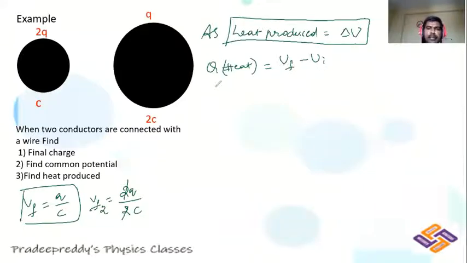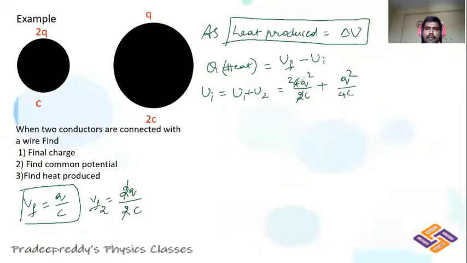Now let us find the initial energy. Ui is equal to U1 plus U2. The first one has potential energy Q square by 2C, that is 4Q square divided by 2C, where this and this get cancelled. Plus, on the second one, Q square divided by 4C.